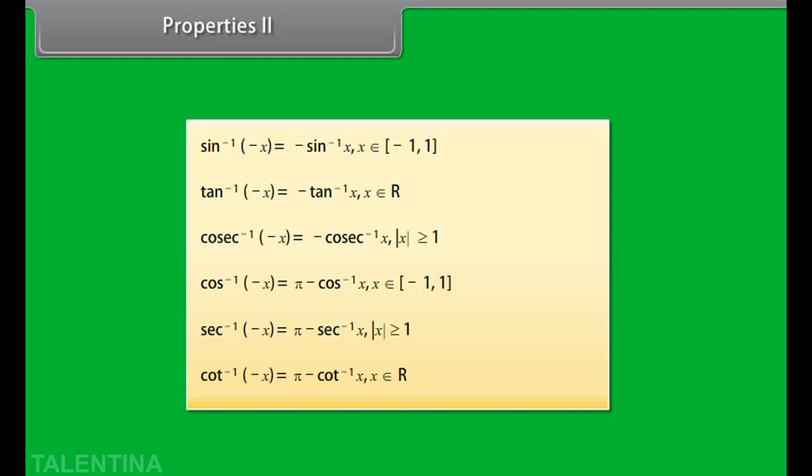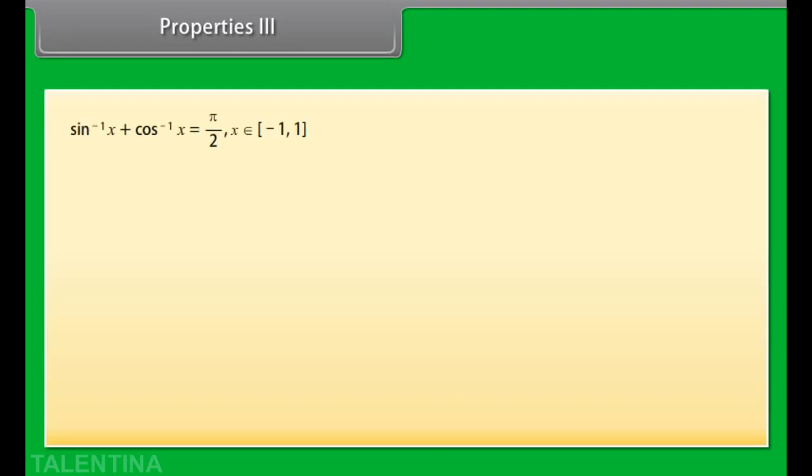X belongs to R. Properties 3. Sin inverse x plus cos inverse x is equal to pi by 2. X belongs to minus 1, 1. Tan inverse x plus cot inverse x is equal to pi by 2. X belongs to R. Cosec inverse x plus sec inverse x is equal to pi by 2.